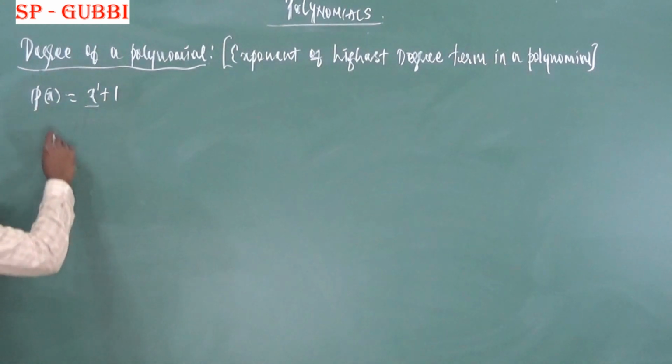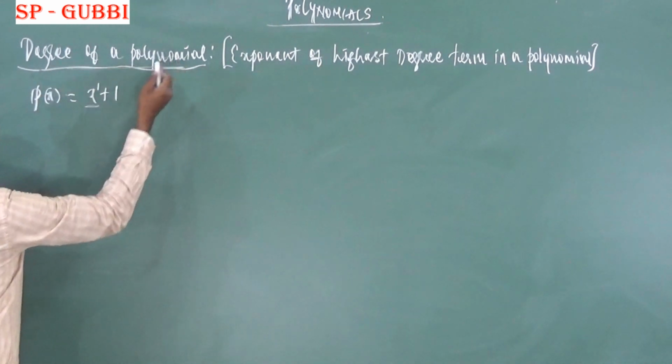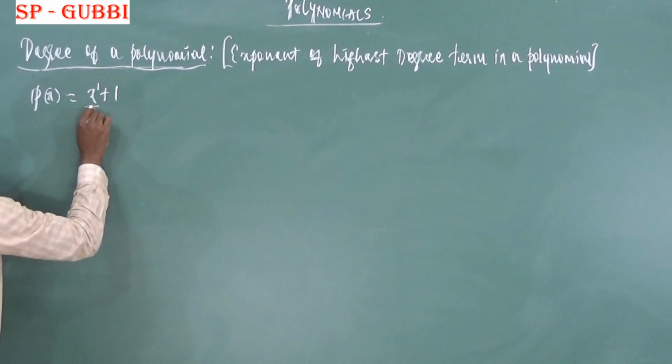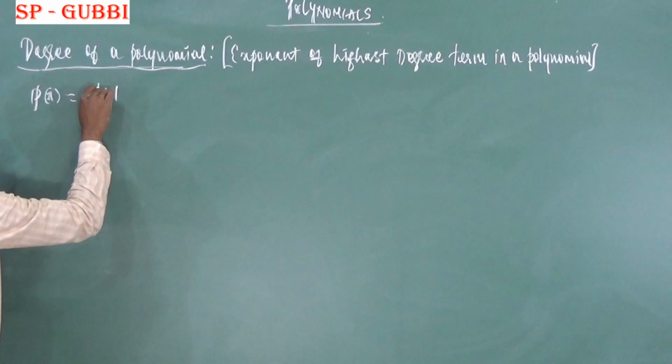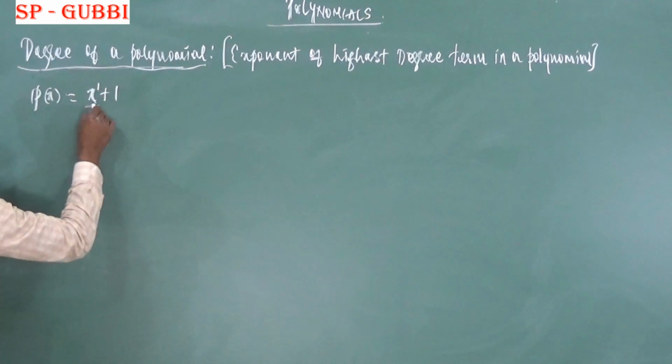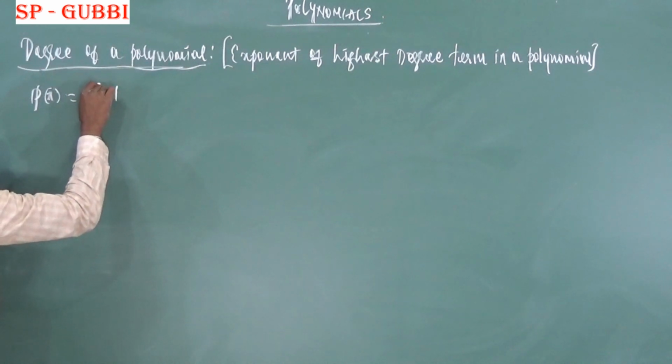So here if you want to check the degree of any polynomial, you have to look at the variable, and if that variable has a positive exponent, it's a polynomial, no doubt in that. How much it has, that is 1.